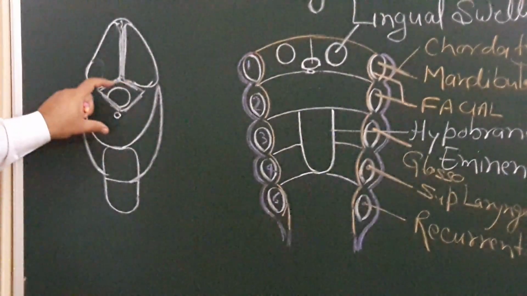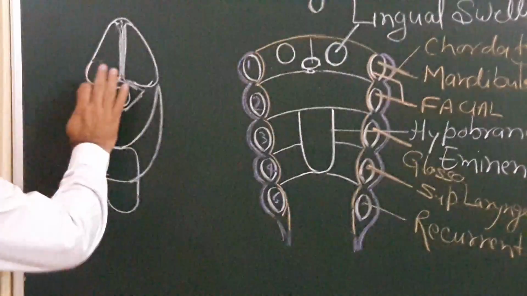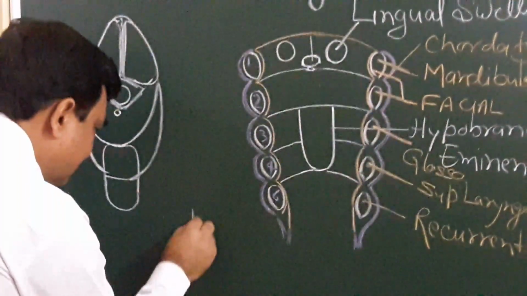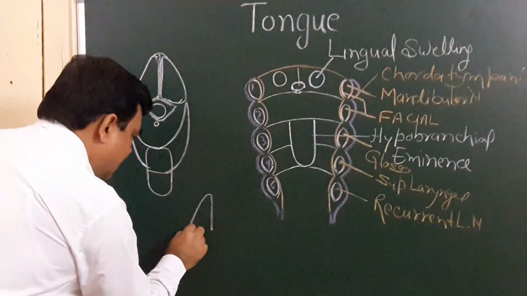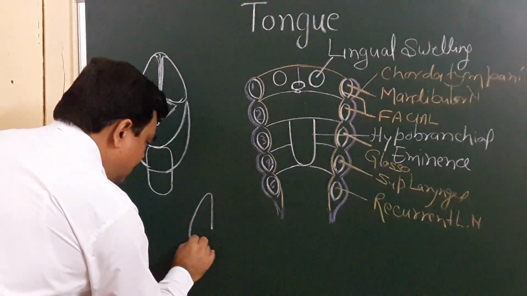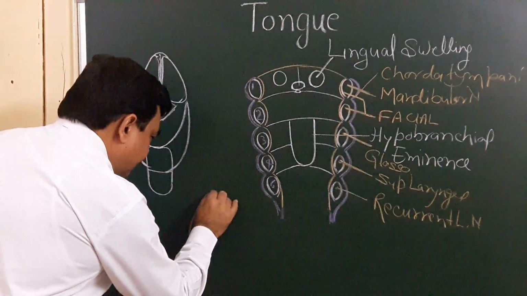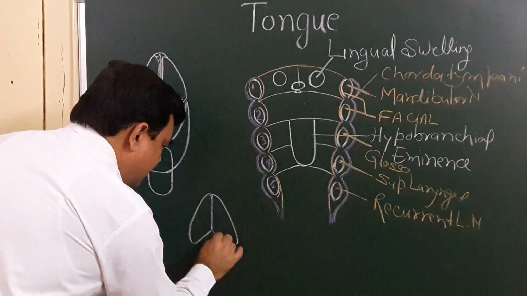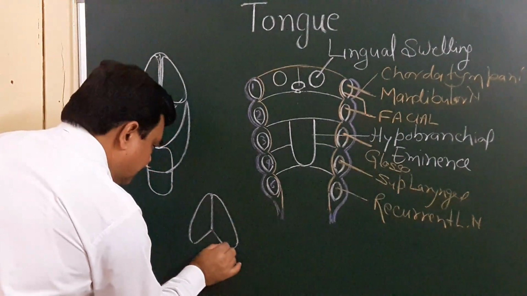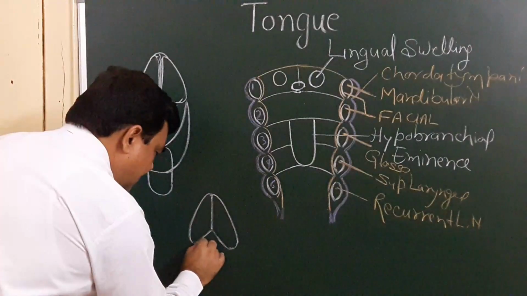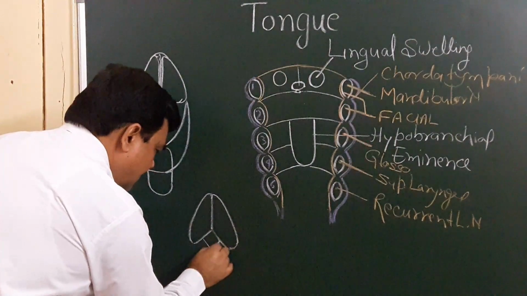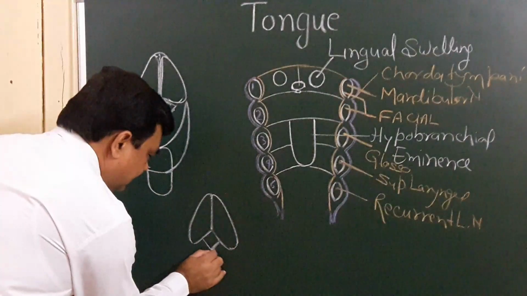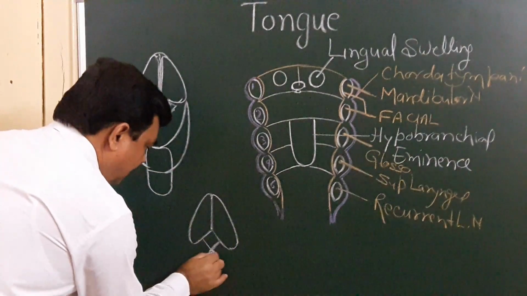If you draw the structures separately, you will find the two lingual swellings which join with each other. Here is the tuberculum impar, here is the foramen cecum.